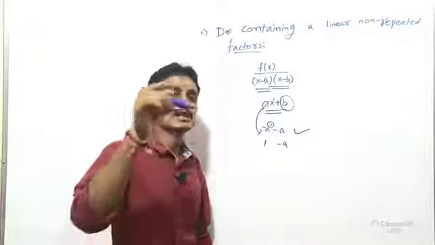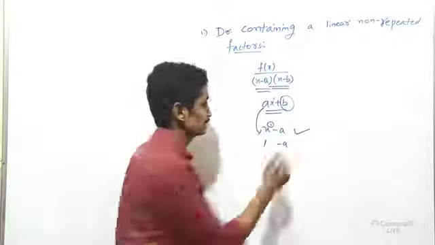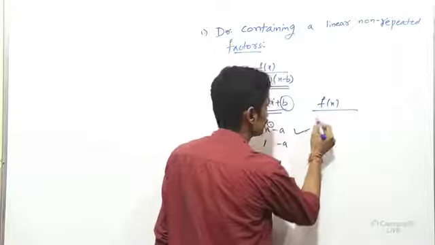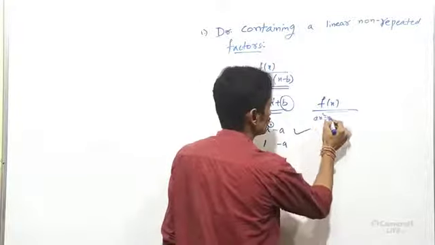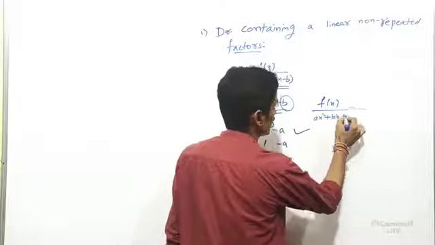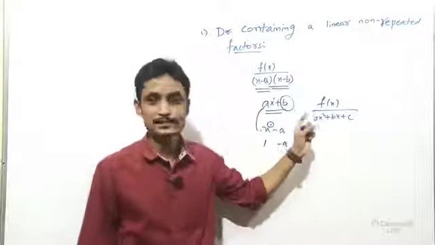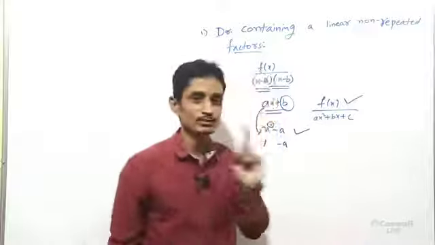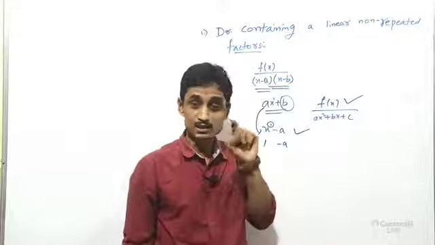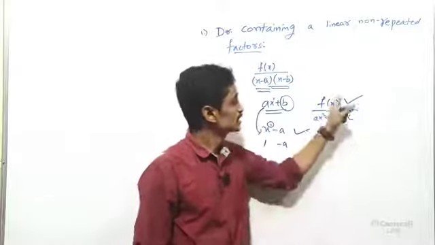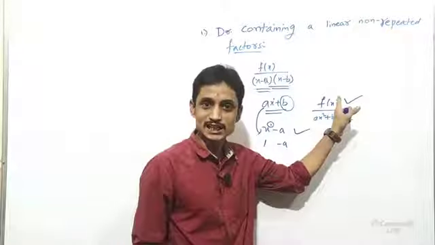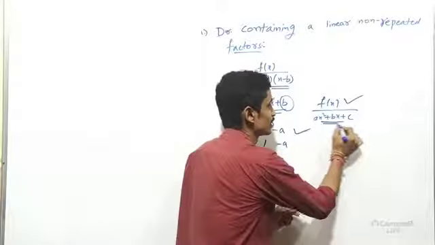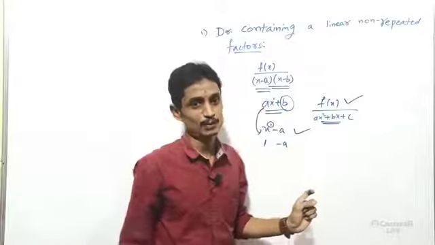Any proper rational fraction of the form with ax square plus bx plus c in the denominator. Look properly. In the numerator we also have one polynomial, but keep in mind this polynomial's degree is smaller than the degree of the denominator polynomial.